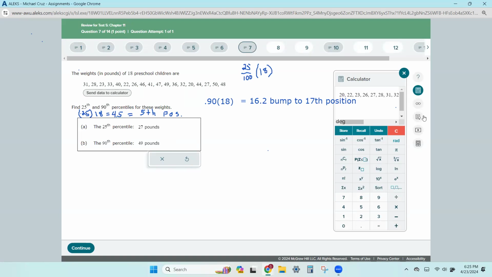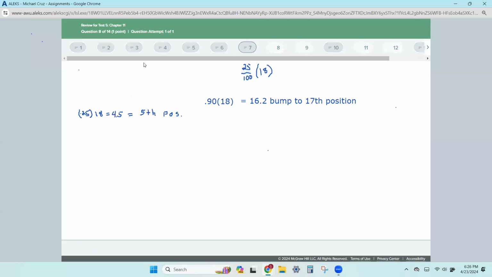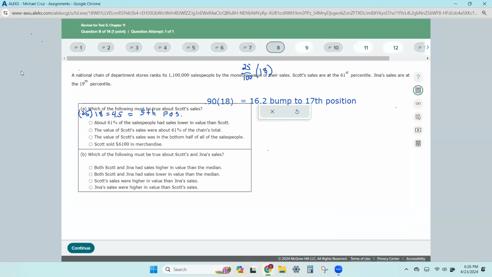So the 5th position is 27. 1, 2, 3, 4, 5. And because you can't really make the calculator wider for us to view it, I went over here, and since 18 is the largest one, this is the 17th position, and therefore that's the 90th percentile. The only thing I do to the numbers over there is sort them. That's all I'm doing.